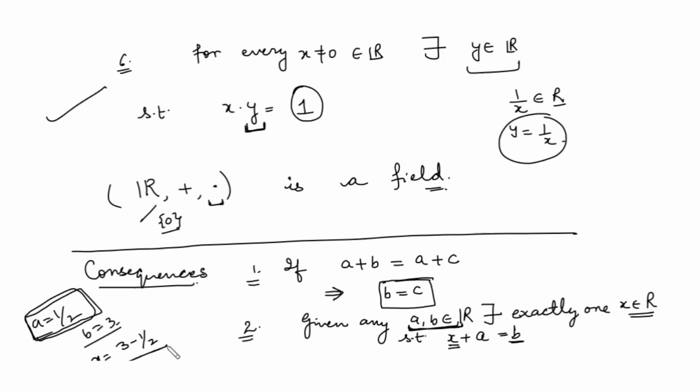This is the value of x, and clearly this is a real number, right? So from here we can find out the value of x. This will become b minus a. So for any two real numbers a and b, we can always find a real number x such that we can write x plus a as b. Is it clear? Yes, ma'am.